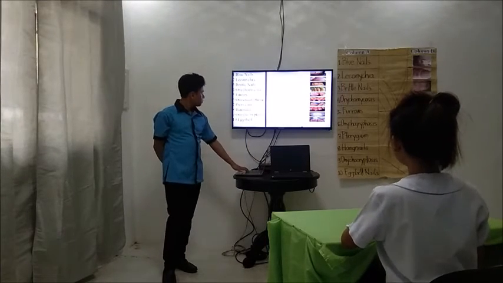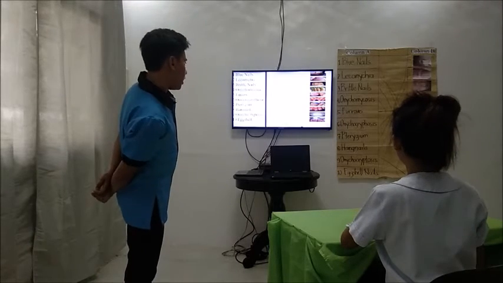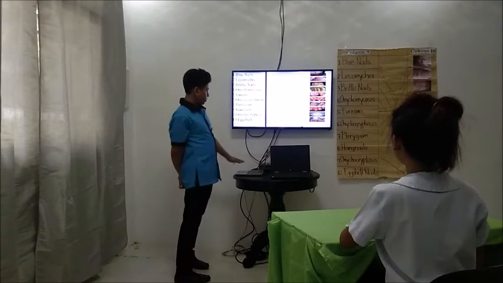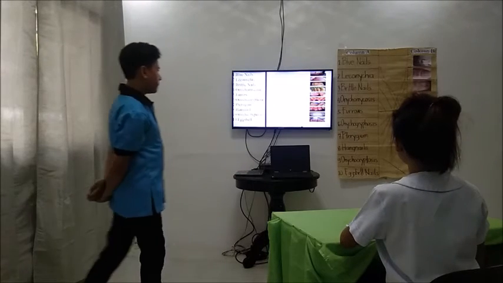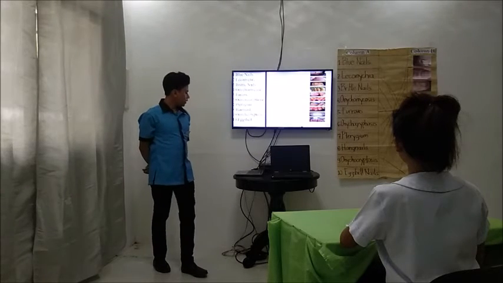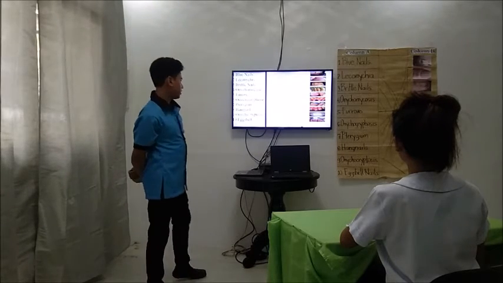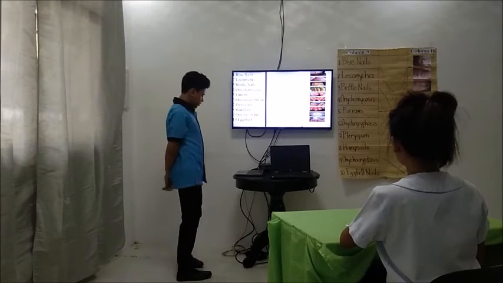Next, the Leconichia or the white spot. Okay, you got it. The next one is the brittle nails. Correct. The fourth one, the onychomycosis. Okay, correct. You got it, right?